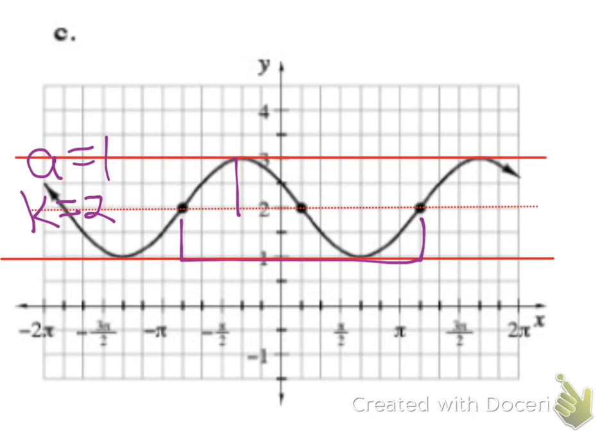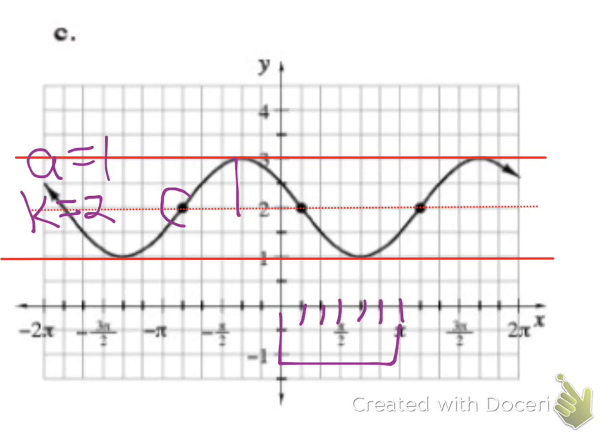This problem as well is a little bit different than the last one, simply because of the scale that they are using. If I look at a distance from 0 to pi, they are using sixths of pi. So each line is a sixth of pi. I'm going to need that now for my h value.